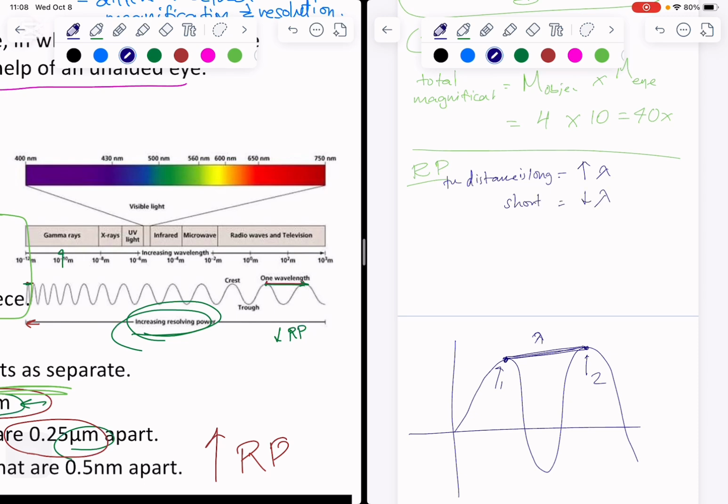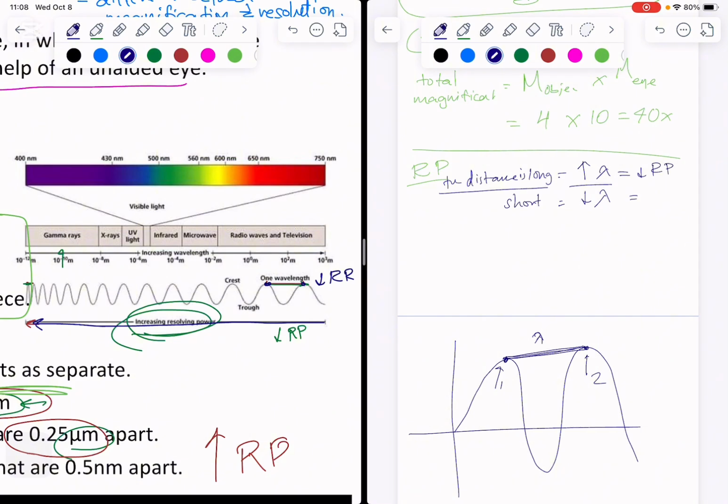So what does a shorter or a longer wavelength actually mean? As you can see over here, he's saying that as you move like this, the resolving power actually increases. Which basically means when we have wavelengths that are really far from one another, you have a really low resolving power. So the distance is long, the wavelength is really big, which means you have a low resolving power.